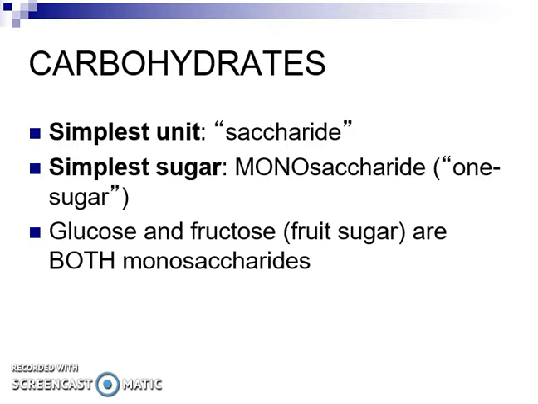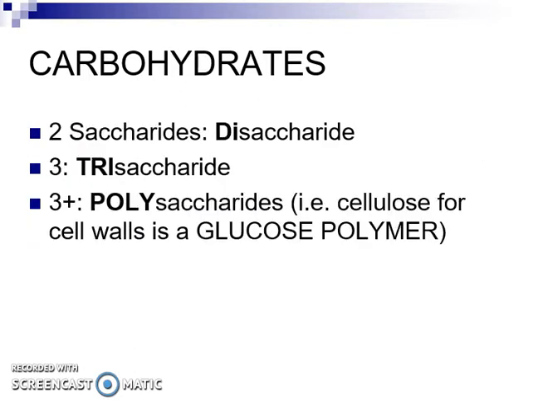It's C6H12O6. Now, when you have 2 saccharides put together, you call that a disaccharide. 3 saccharides, you have a trisaccharide. Anything more than 3, you can consider a polysaccharide. Cellulose for cell walls is a glucose polymer. Polymer is another word you could use for a really large molecule.